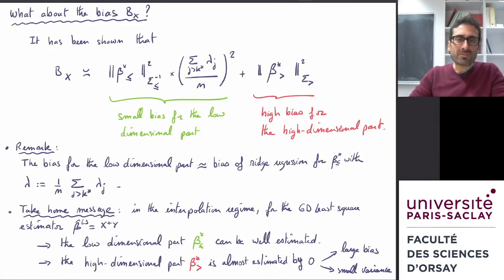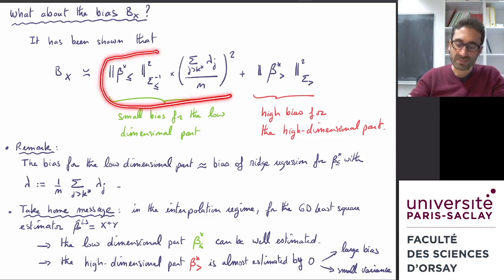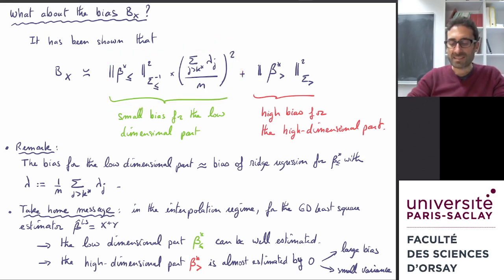So far I have not talked about the bias. So I will give you a few words about the bias. We will not do the analysis. What we can show is that if you look at the bias term, you will have two terms, one from the low dimensional part and one from the high dimensional part. For the low dimensional part, you will have this upper bound for the bias.